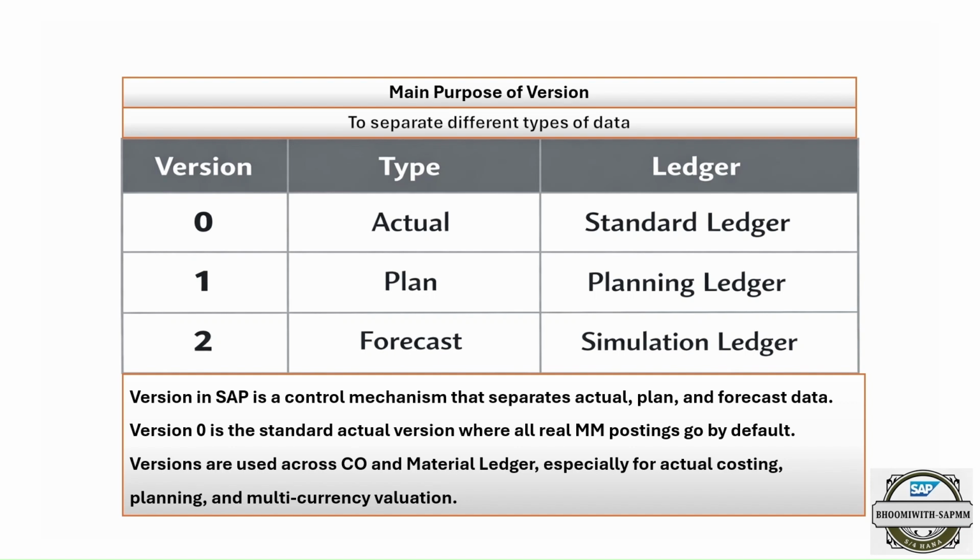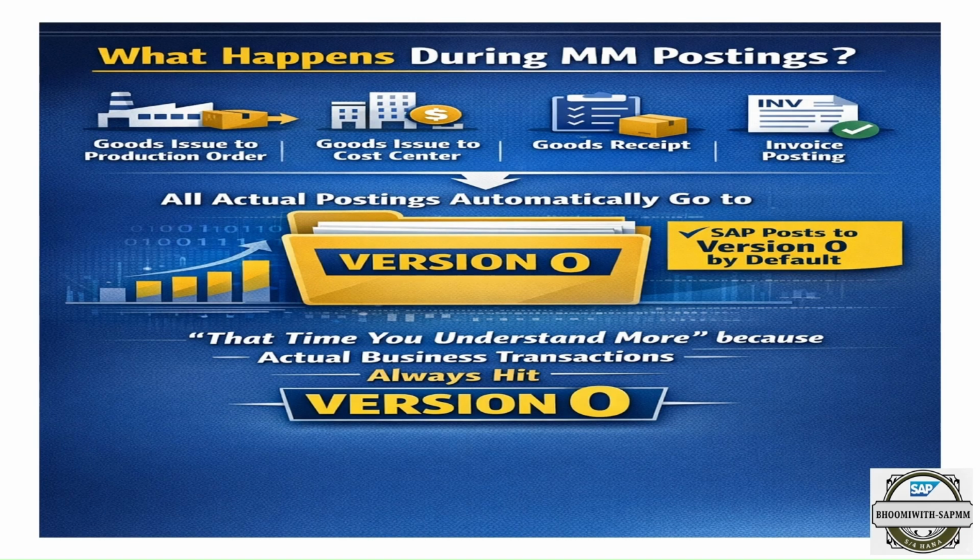Versions are used across CO, controlling, and material ledger, especially for actual costing, planning and multi-currency valuation. Next, what happens during posting when you do transactions like goods issue to production order, goods issue to cost center, goods receipt, invoice posting?